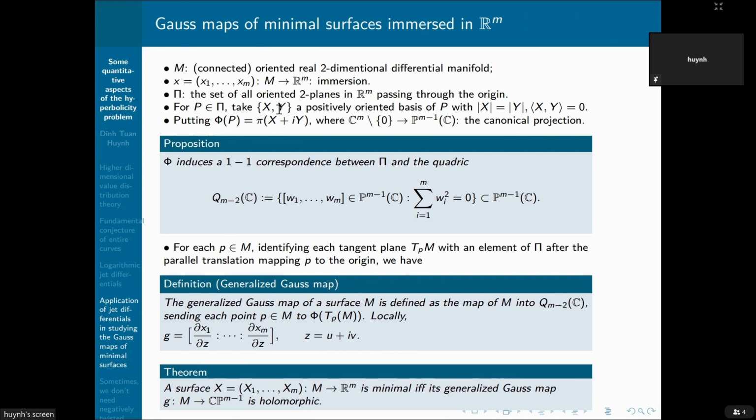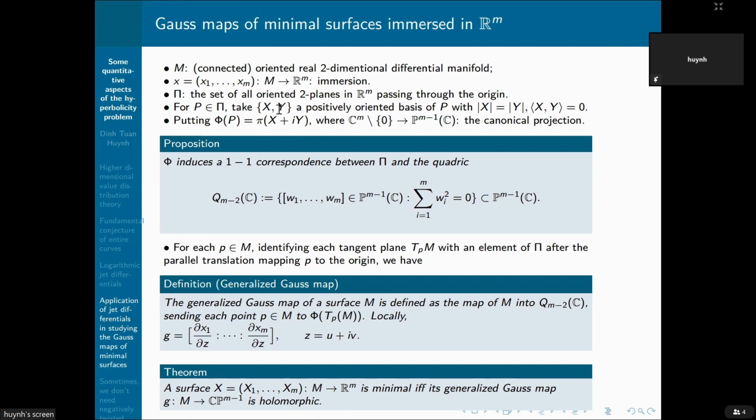And that gives rise to the definition of the generalized Gauss map of an oriented surface immersed in Rm. Similarly to the one-dimensional case, the surface is minimal if and only if the generalized Gauss map is holomorphic.